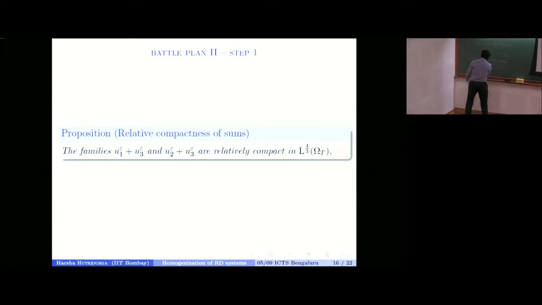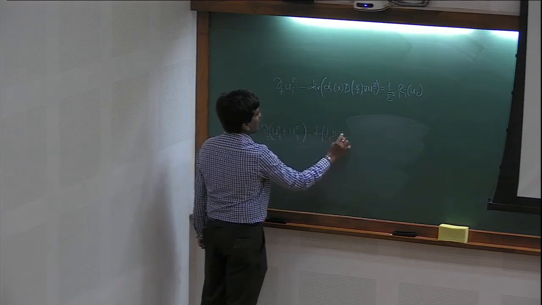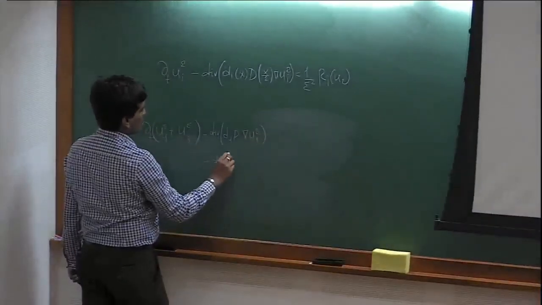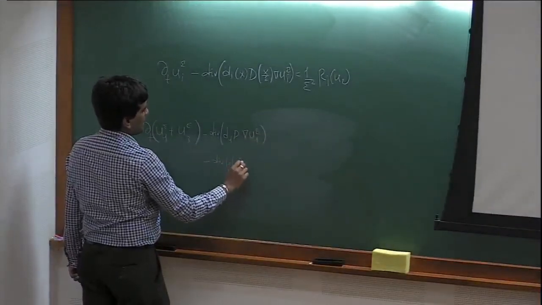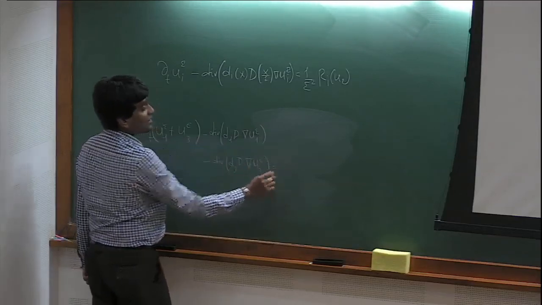So what exactly you will have for the sum, if you have noted this down, you will get d_t (u1 epsilon plus u3 epsilon), for example, minus divergence of d1 gradient of u1 epsilon minus divergence of d3 gradient of u3 epsilon, but the right hand side is 0.